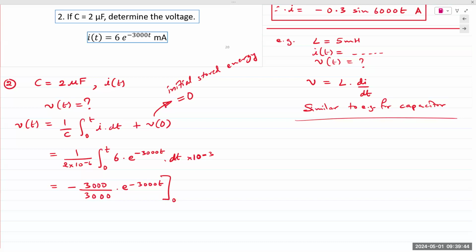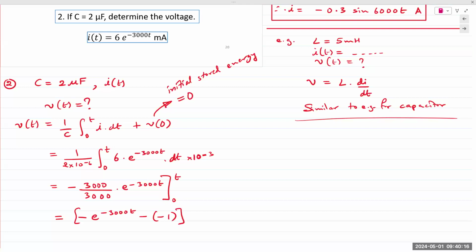And then the limits of the integral will be 0 to t. When we plug that in, we get minus of e raised to minus 3000 t and e raised to 0, minus of minus e raised to 0, 1. So you get minus e raised to minus 3000 t minus of minus 1.